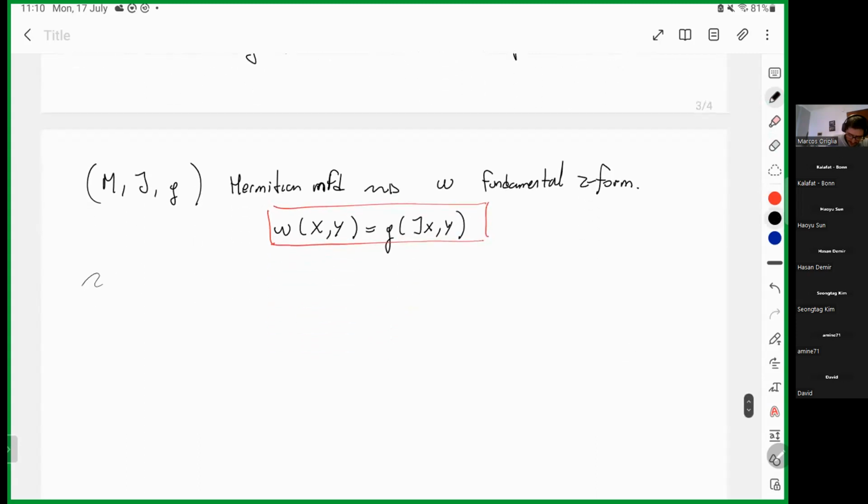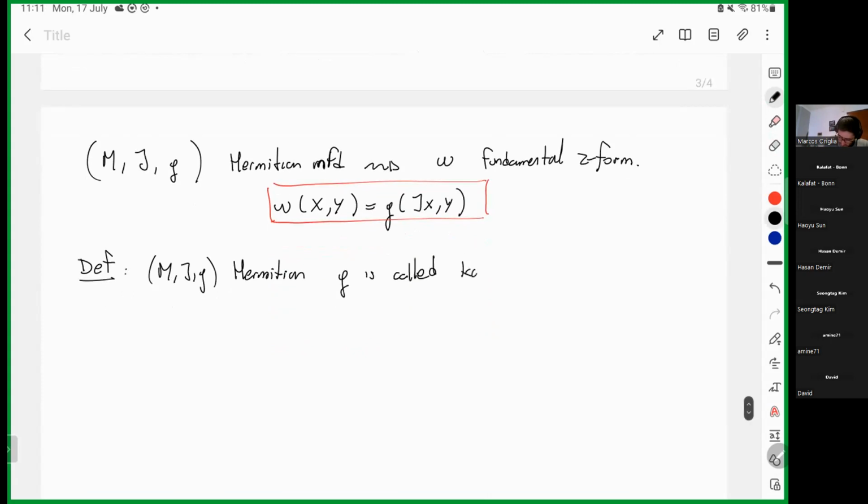Okay, and with this, we are ready to say what the Kähler manifold is. So this Hermitian metric G is called Kähler if this fundamental form is closed, so d omega is 0.